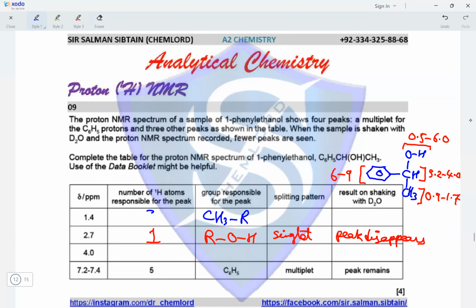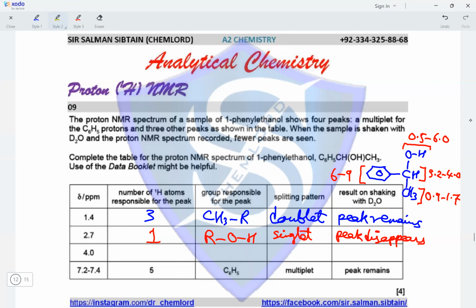This would contain 3 protons, and the splitting pattern for this peak, because it is present next to a CH group, would be a doublet. And the result on checking with D2O is that the peak remains because it does not contain any labile protons.